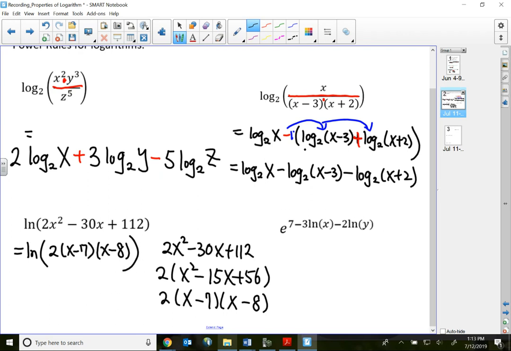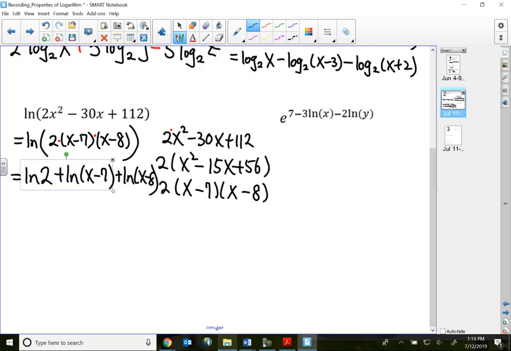So now I got three different factors here. Three different factors will give me three terms of individual single logarithm. So that'll be natural log of 2 plus natural log of x minus 7, two terms representing both of these terms belong to this single logarithm, so I got to put them in the parenthesis, plus natural log of x minus 8.